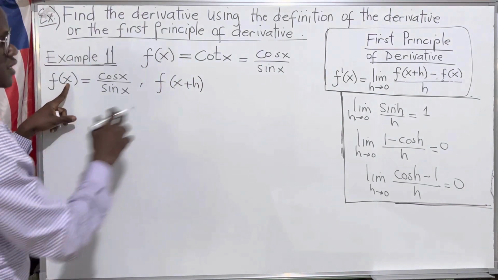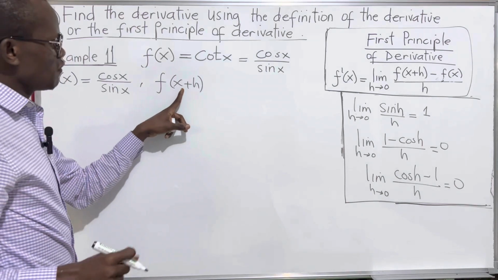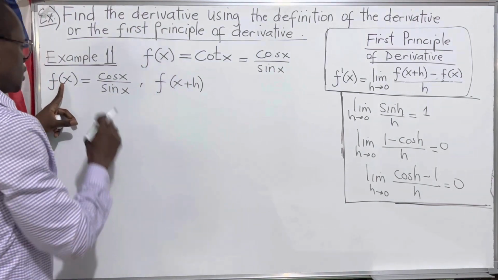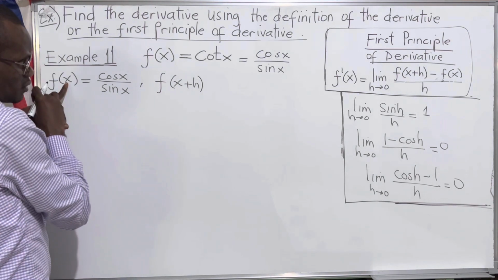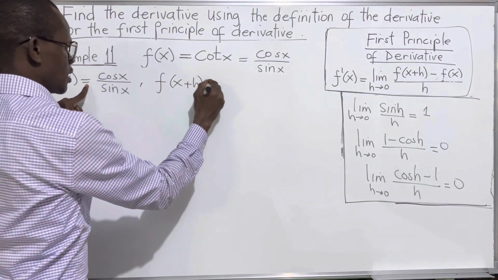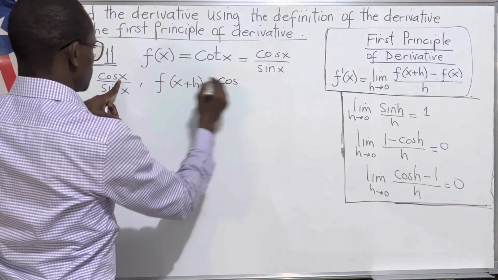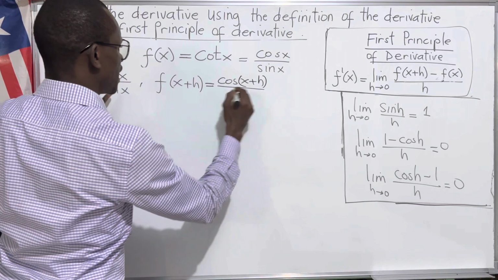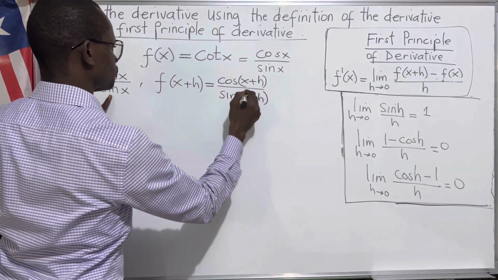So our f of x is the original function, always, like I told you. And the f of x plus h is derived from the f of x. So in place of this x, we put x plus h. On the right hand side of the equation, we do the same. Cos of this x, now we put x plus h. And we also do the same down here by saying sine of x plus h.